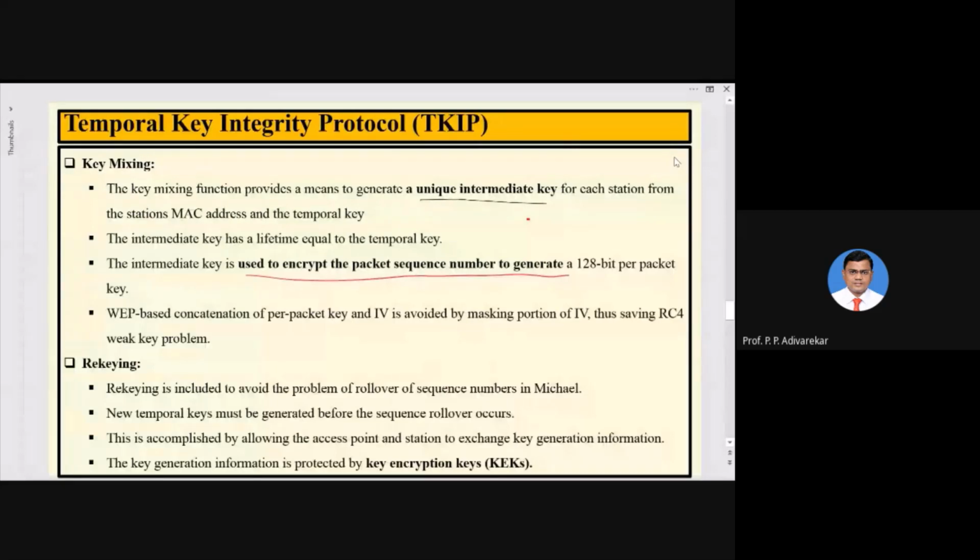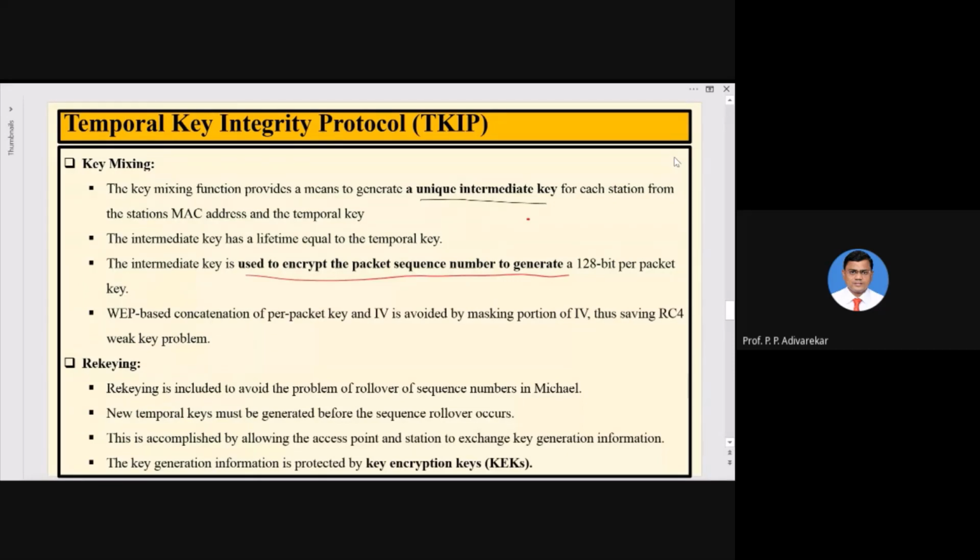If you remember in WEP, while concatenating the per packet key and IV, we were masking some portion of the IV. Because of that, weak keys were generated, but that is not possible in the case of WPA.